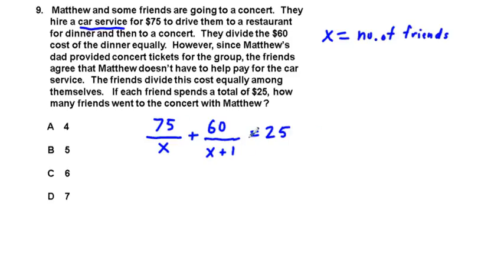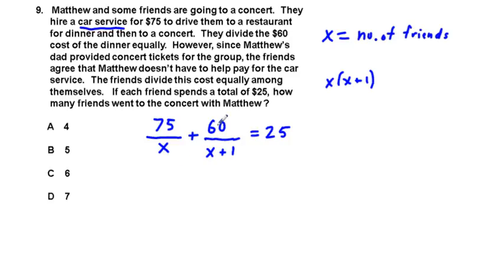So what I've just done is the hardest part, the setting up. Now we can solve like rational equations by getting a common denominator of x times the quantity x plus 1, multiplying the whole equation by that, and so forth, and end up with a quadratic equation that we solve. But we can enter this one just as is.